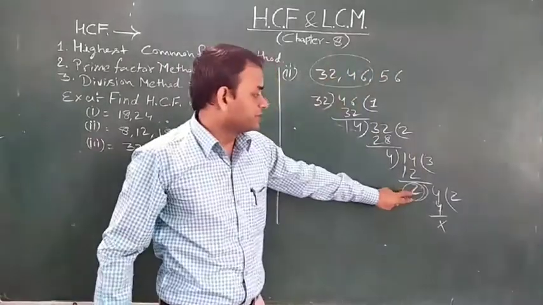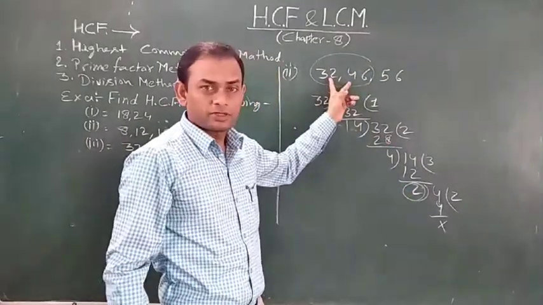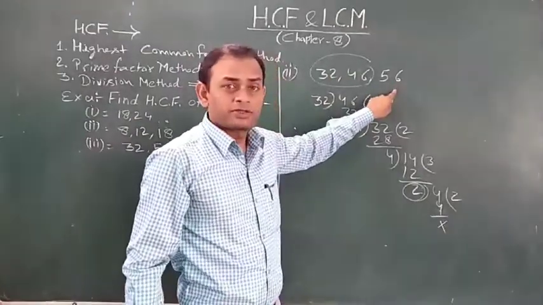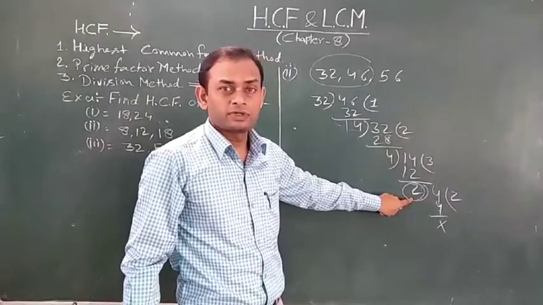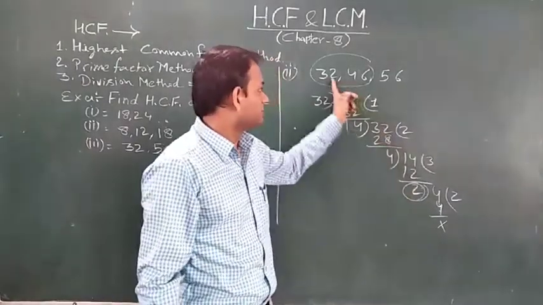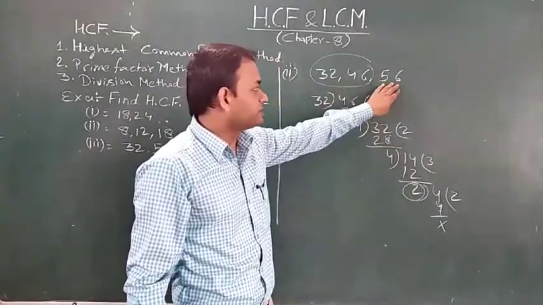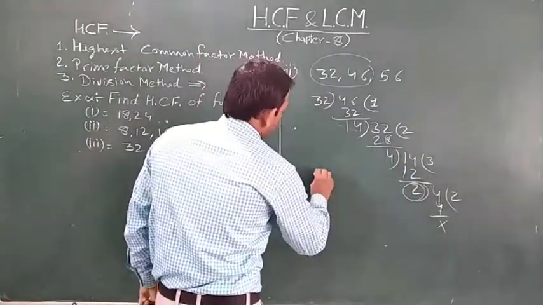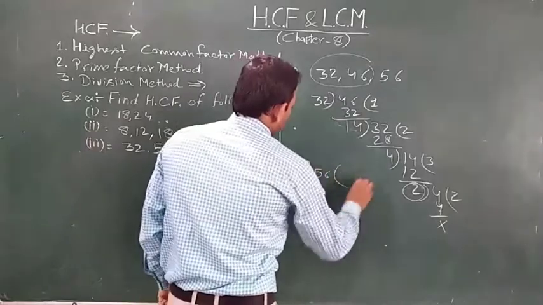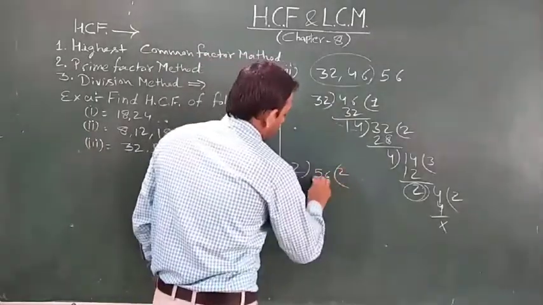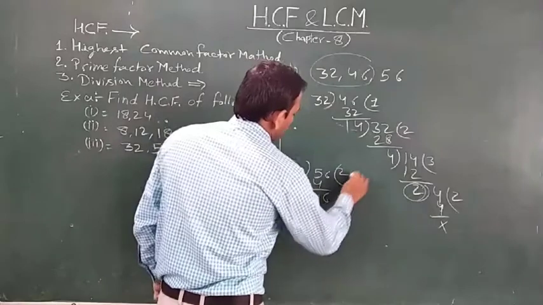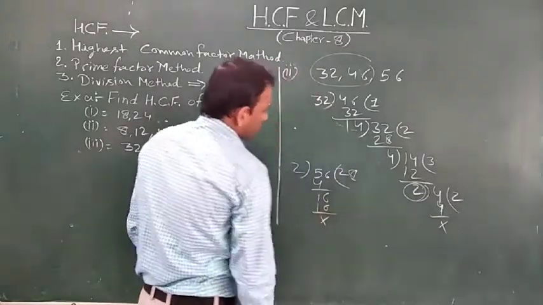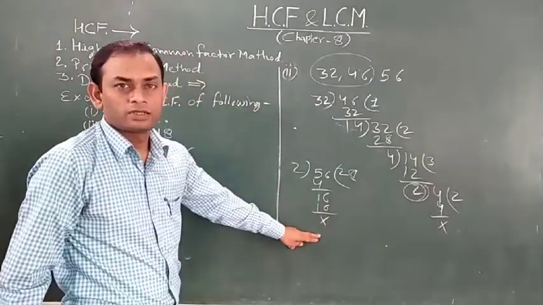Means this 2 is the HCF of these two. Now we have to divide this 56 by this HCF, means this 2. This is the HCF of these two numbers. Now we will divide the last number by this 2. How? 56: 2 twos are 4, 1, 16, 2 eights are 16, okay, the remainder is 0.